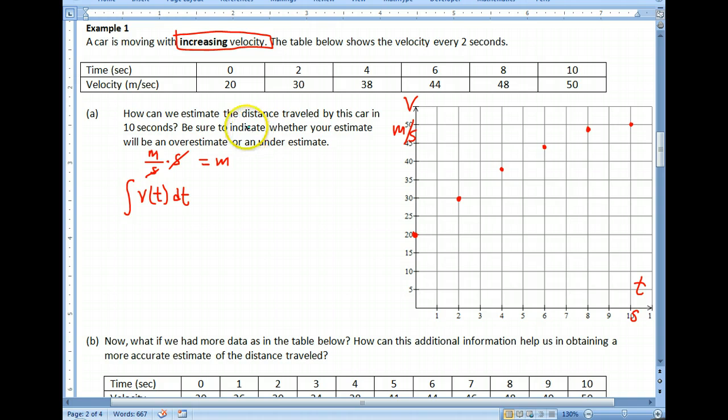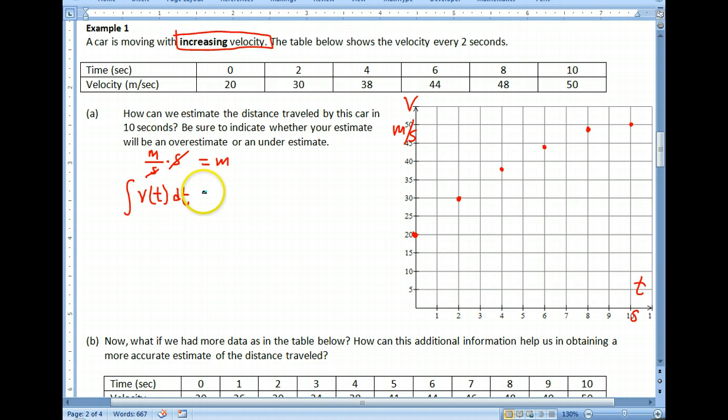The trick is basically, if you're trying to find distance traveled or how much water has leaked out of something, it's usually area under the curve. But I always check the units just to make sure, because sometimes they trick you in weird ways. So check the units. It is meters, so that's going to be the distance traveled.